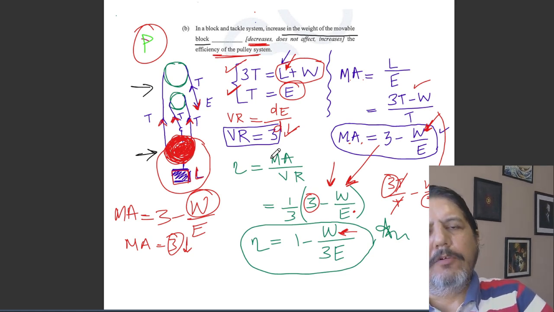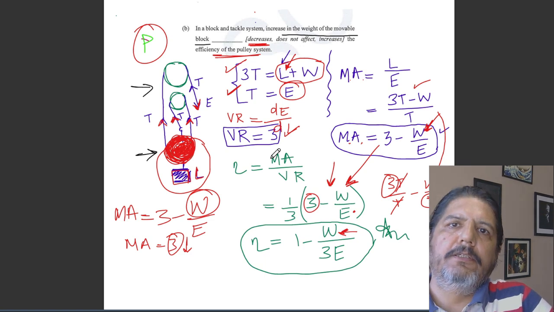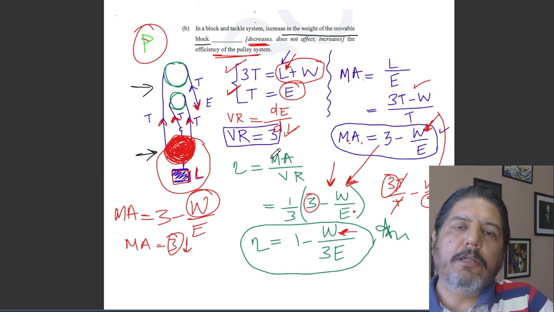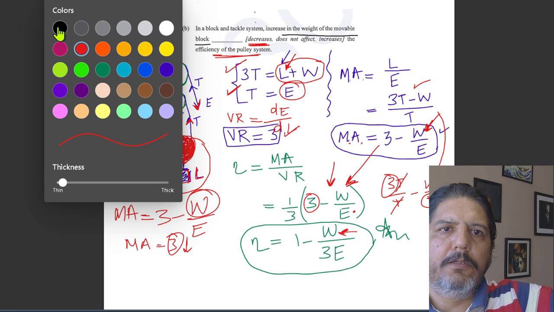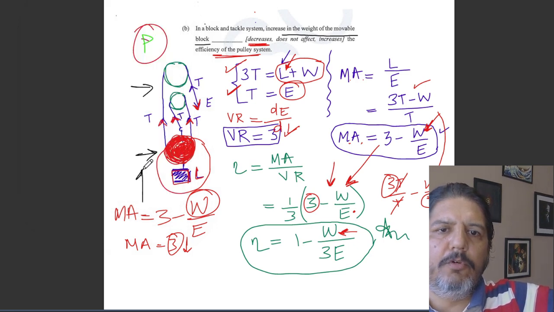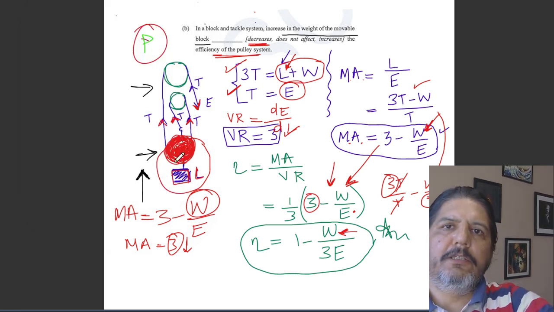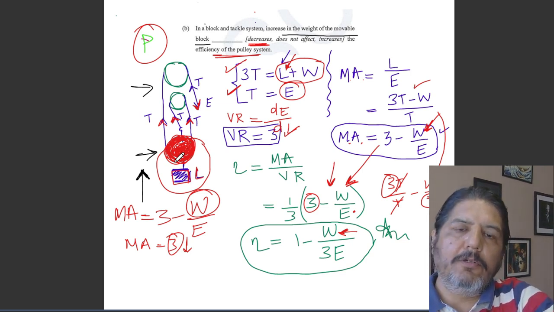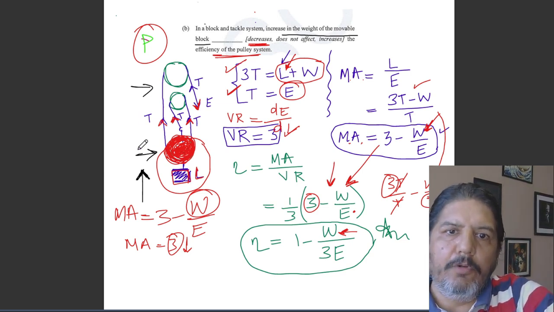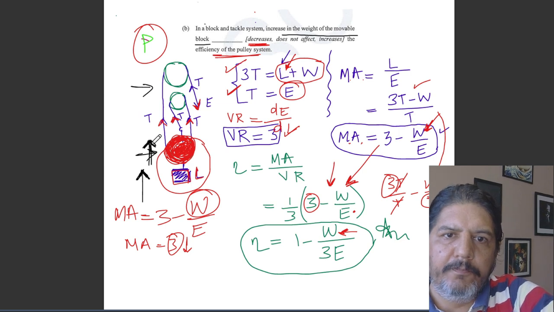If the lower half of the pulley has weight, then of course you will be wasting your effort. It is not only pulling up the load. See, this is the load that you want to pull up. So you will be wasting your effort not only in pulling up the load, but you will be wasting a lot of your effort in pulling up this pulley also.